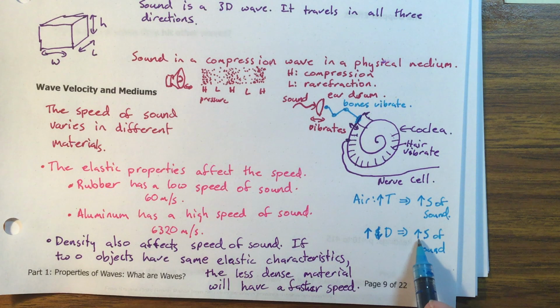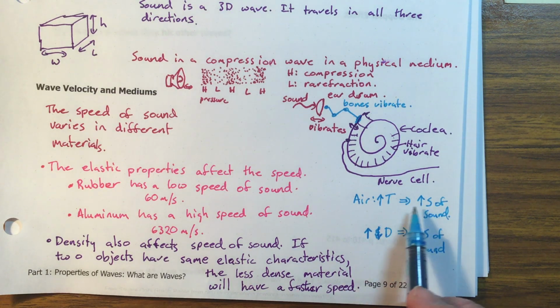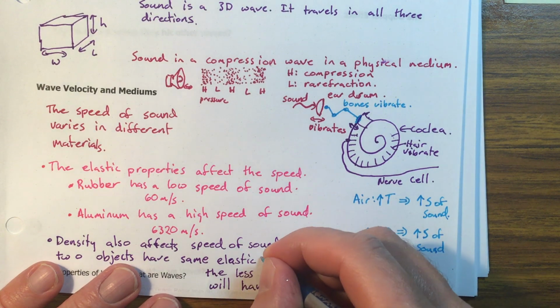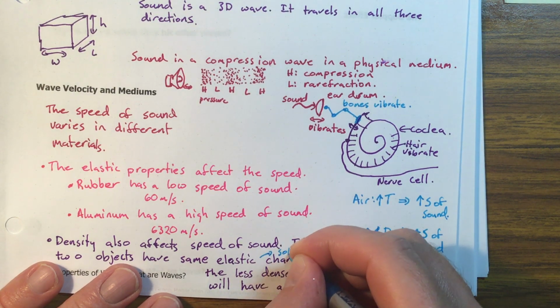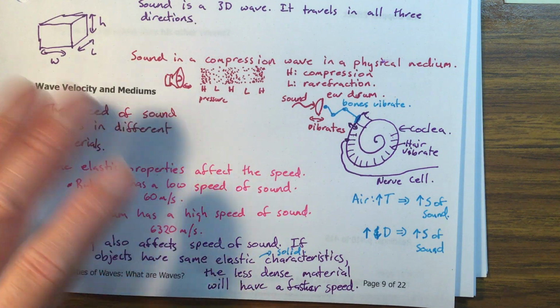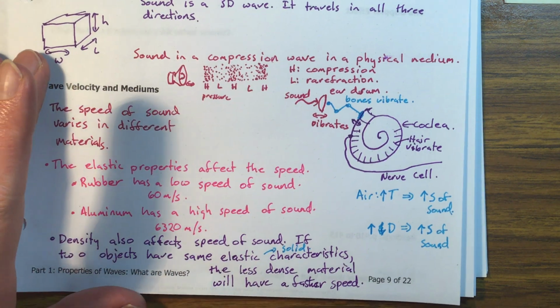So sound travels faster through more dense air. Sound travels faster through higher temperature air. So it's a little bit different than here when we're dealing with gases, because air is a gas and this is solids. Right, this one here will only be for solids because gases do not have elastic characteristics. All right, so that's complicated stuff.